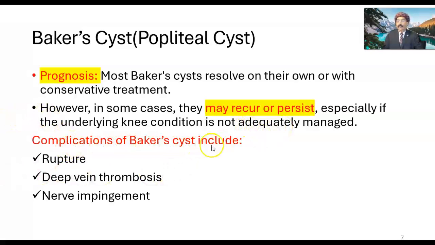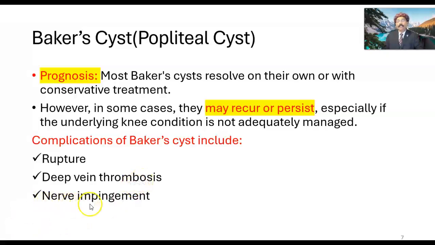Complications of Becker cyst include rupture, because it is a collection of fluid. By definition, a cyst is a cavity containing fluid that may rupture. There may be deep vein thrombosis, or deep vein thrombosis may be associated with Becker cyst.